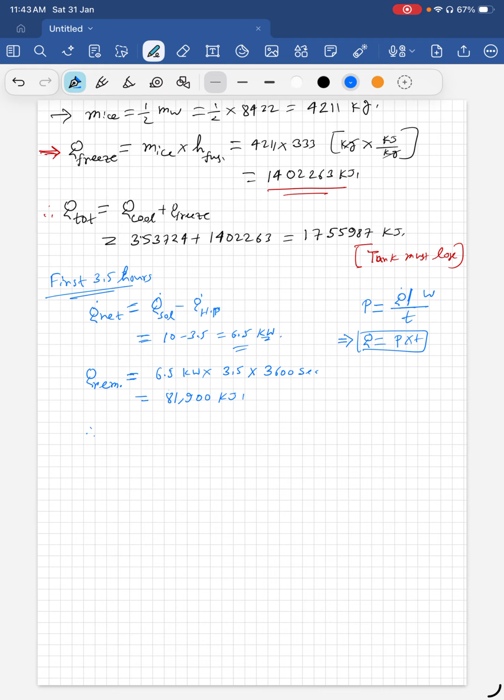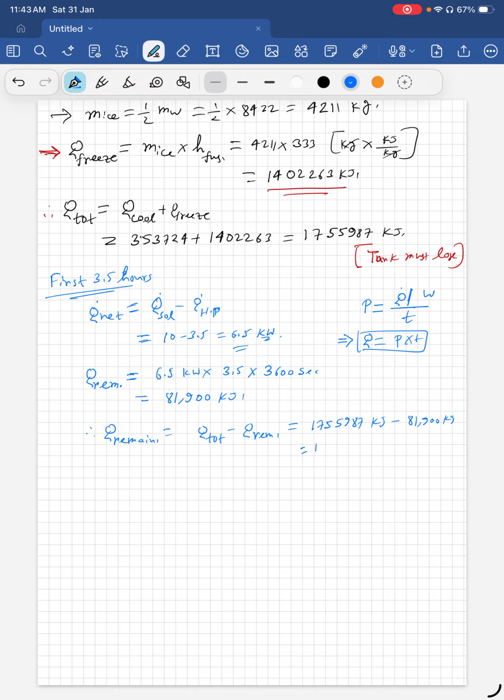Then the remaining energy will be Q remaining, which is Q total minus the removed heat energy. So 1755987 kilojoule, and the removed energy is 81,900 kilojoule.